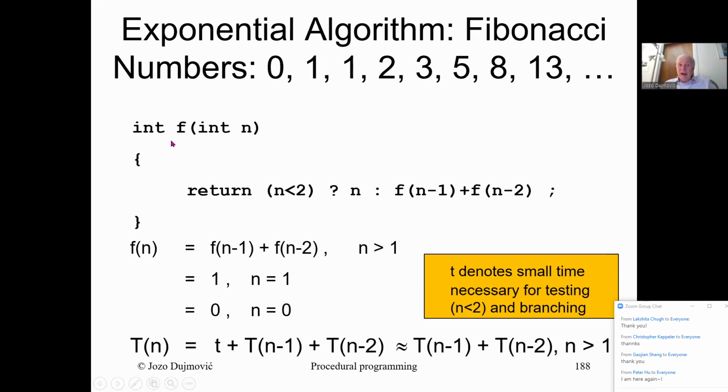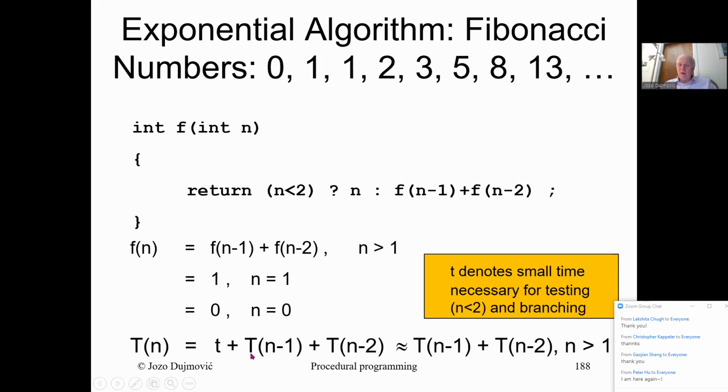So the time for performing this operation, t of n, is the time for performing f of n minus 1 plus the time for performing f of n minus 2, plus a little bit of negligible time for one if statement that is here inside to decide whether you are going to return n or to call these two functions.